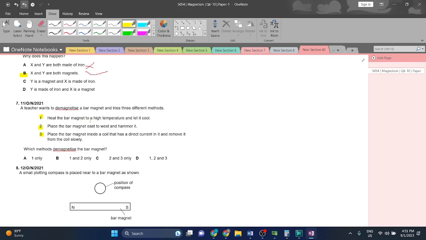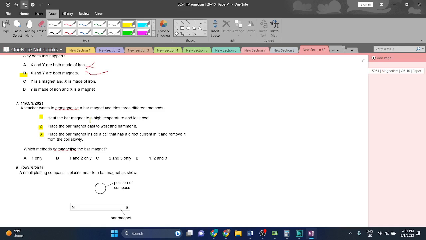This method is commonly known as thermal demagnetization. Next, place the magnet east to west and hammer it. This could also be the answer because hammering the magnet when it is placed east to west can also disrupt the alignment of the magnetic domains and potentially demagnetize it.